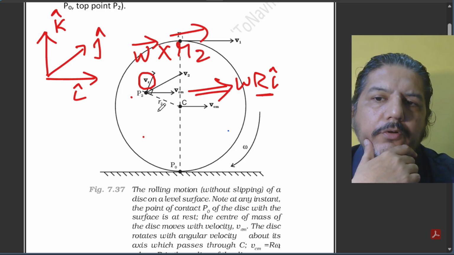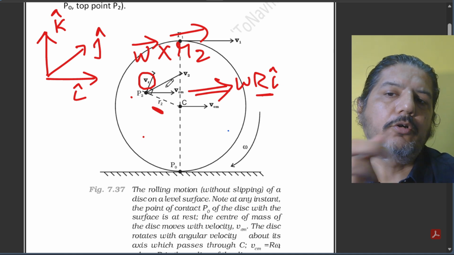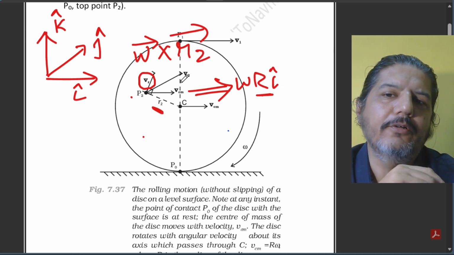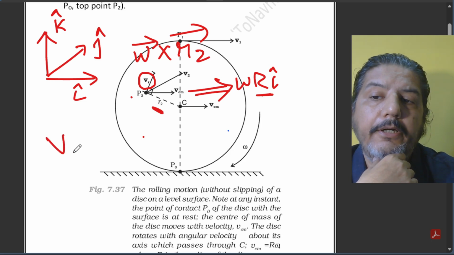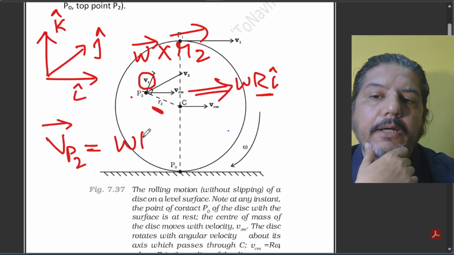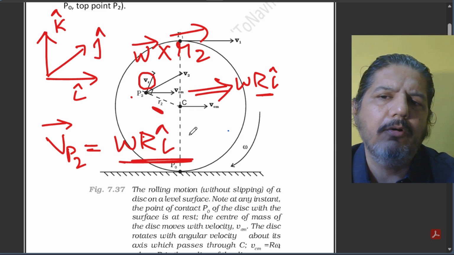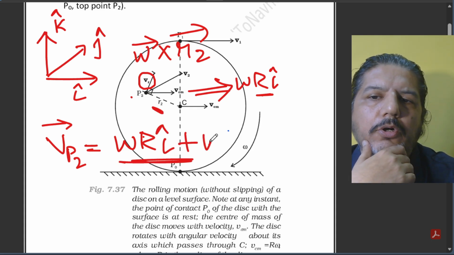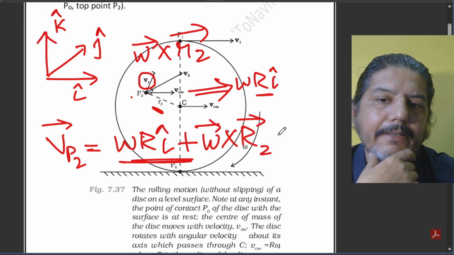Why R2? Because this R2, this position vector, you have to find the cross product of omega into R2. From that, you will get omega R2. So, velocity at P2 would be given by omega Ri, this translational part, always the same, plus omega cross R2 again in the I direction.